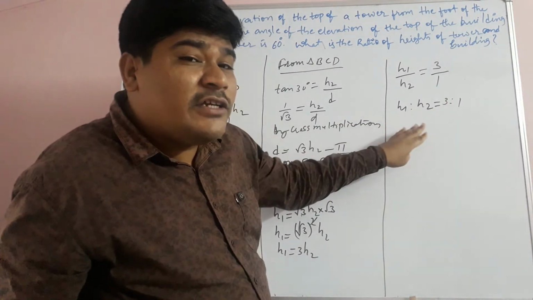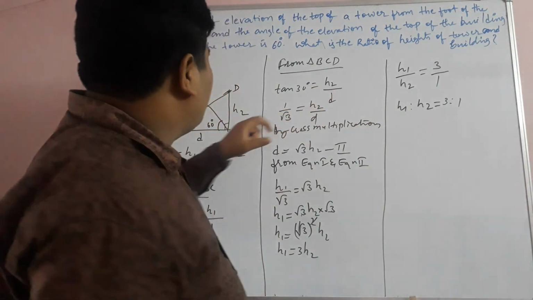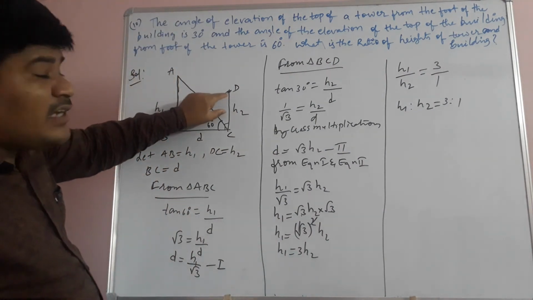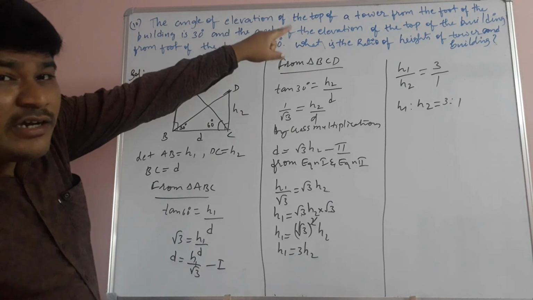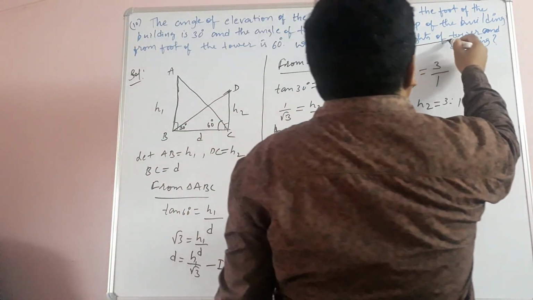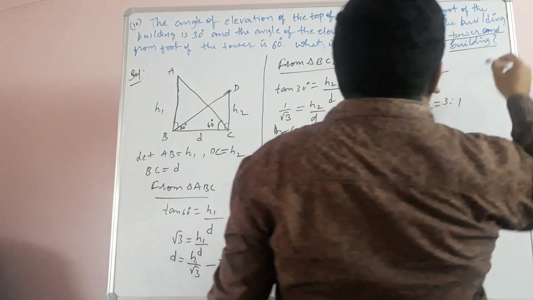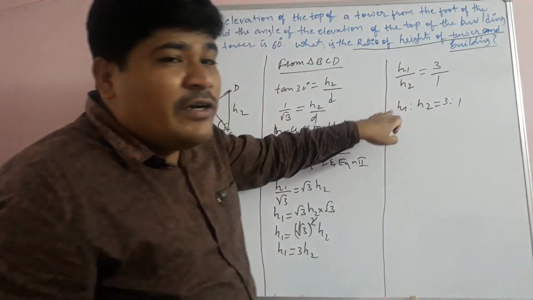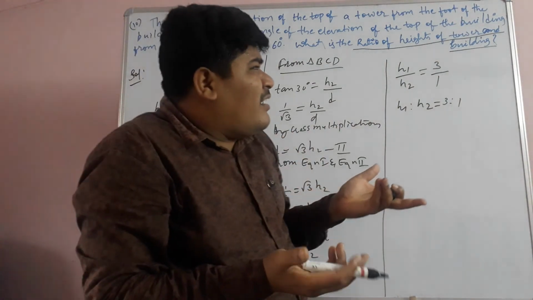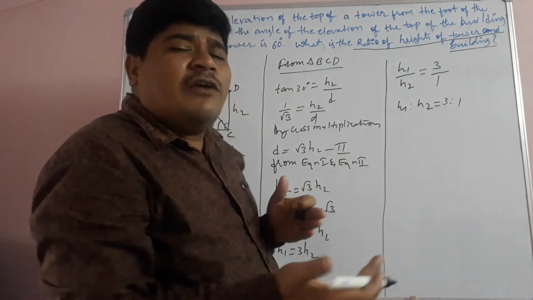So what is this H1 is to H2? The ratio of the height of the building to the height of the tower. But observe the question, what are they asking? The ratio of heights of tower and building. But we found building and tower. So to get tower and building, what do we need to do?